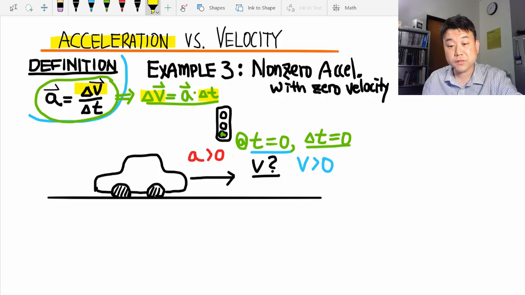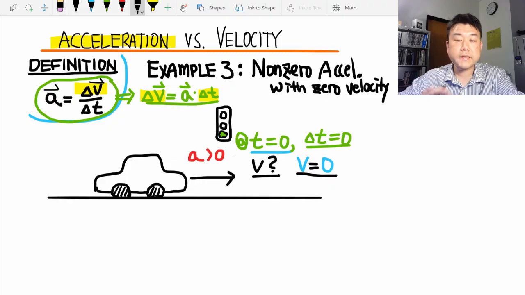So at time equals zero, velocity still is zero. So this is the first very common everyday experience where you feel the motion, you have non-zero acceleration, but you have zero velocity. Now, what you should notice is that this moment is very fleeting. A second, a fraction of a second later, your velocity won't be zero.